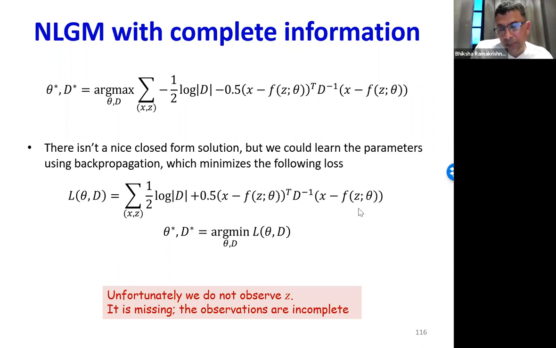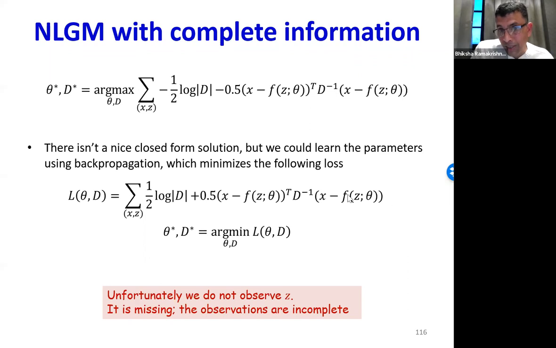So when we don't observe Z, what did we do earlier? What exactly did we do in EM? We guessed Z, right? What did we guess Z from? Sampled from what? We didn't sample from the observed data.